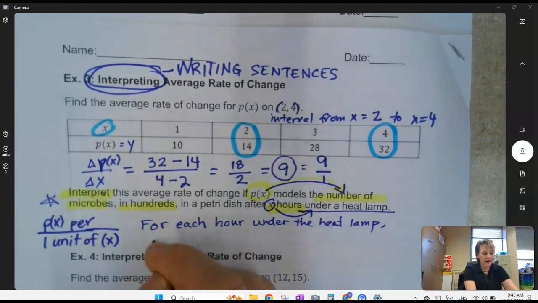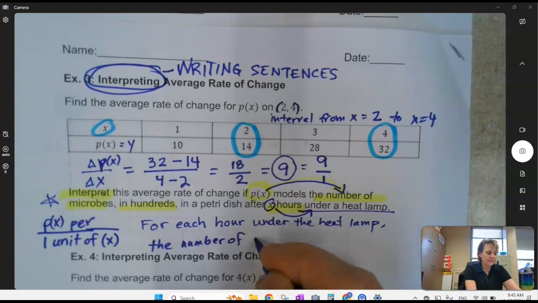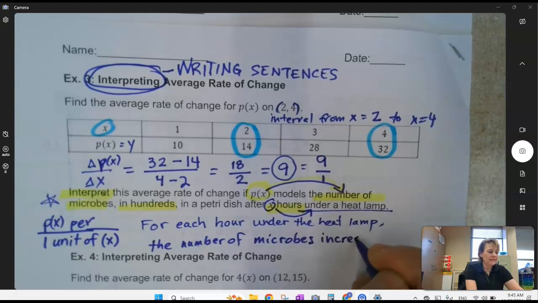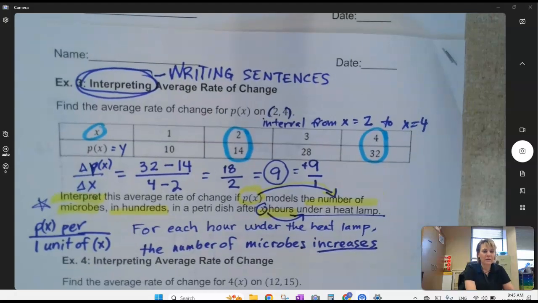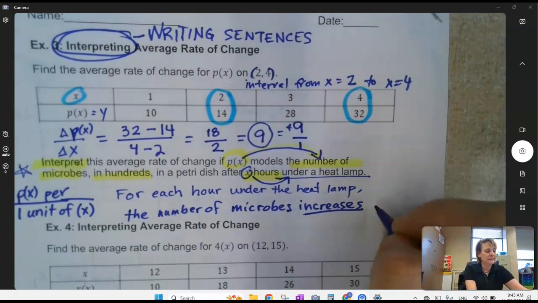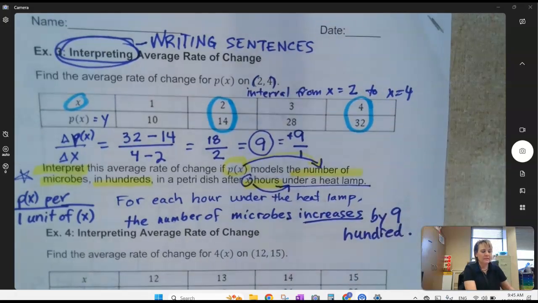The number of microbes is our p of x. It increases, and we use increases because 9 is positive. If it was a negative value, we'd say decreases. It increases by 900, and it told us they were hundreds, so that's the unit I'm putting, 900.